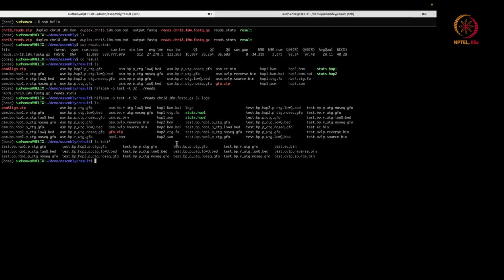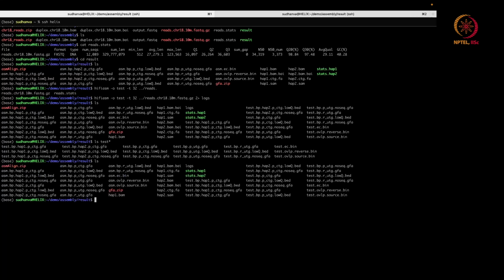Before we use QUAST, we already have the contigs stored in the file. The contigs for haplotype 1 are stored in this file and the contigs for haplotype 2 are stored in this file.